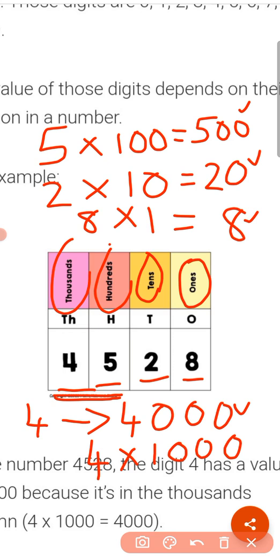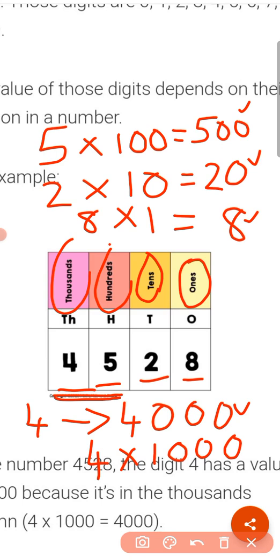So the value of a digit in a number depends on its position in the number. If the digit is in ones place, we multiply that digit by 1. If the digit is in tens place, multiply by 10.